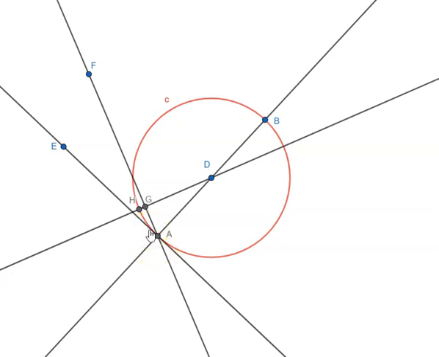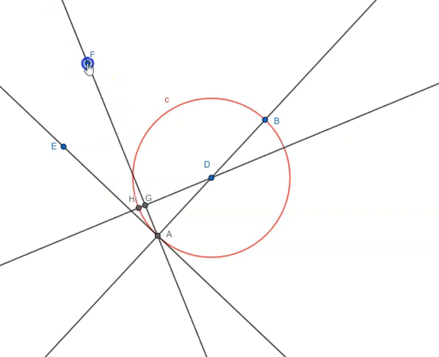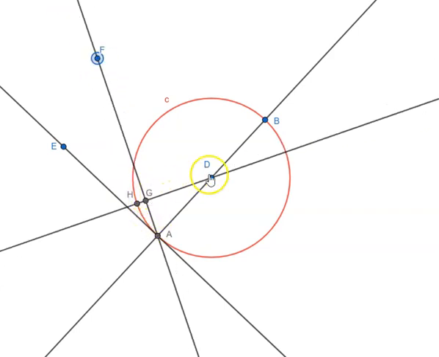Now remember, it can't lie inside the circle. So what we are saying is that this line AF is between these two. That means GD is greater than DH. That is how it should be, right? It should be outside. But AGD is a right angle and DAG is an acute angle.